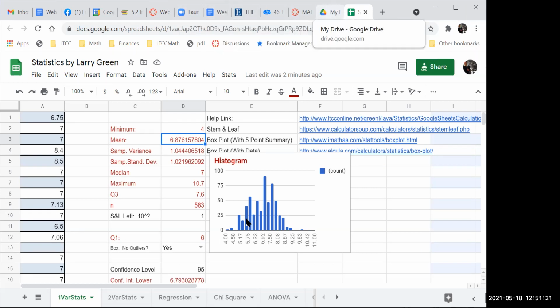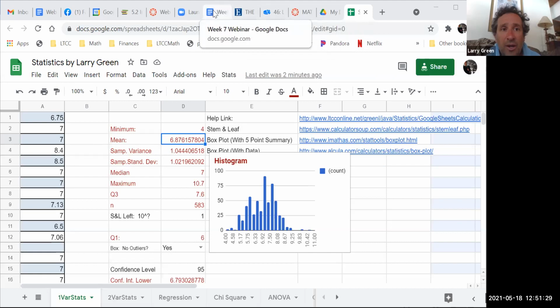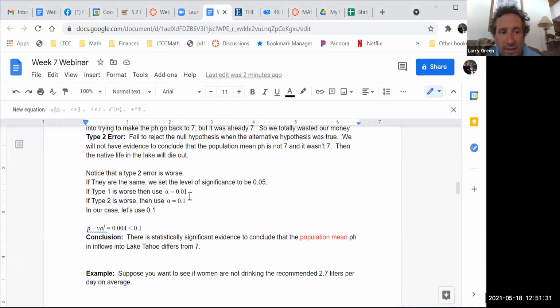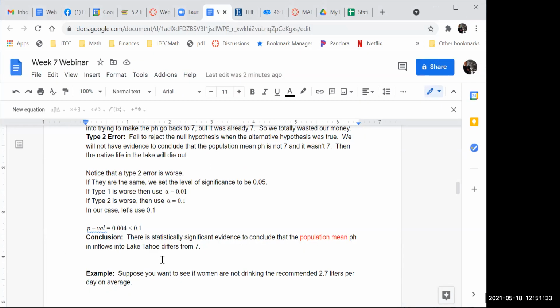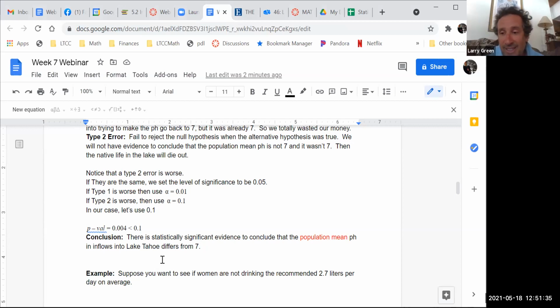Yes, Larry, I have a question. So did you say type 2 error is always worse, or is that a judgment? No, type 2 error was worse in this case. In this case. Because to me personally, it may not be worse to you, right? Because you're going to have to pay more taxes for no reason if there's a type 1 error, right? And some people don't like that. I'd rather pay a little more taxes to have an environmentally good place.